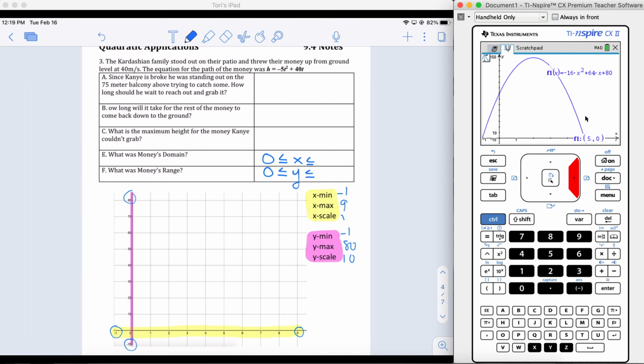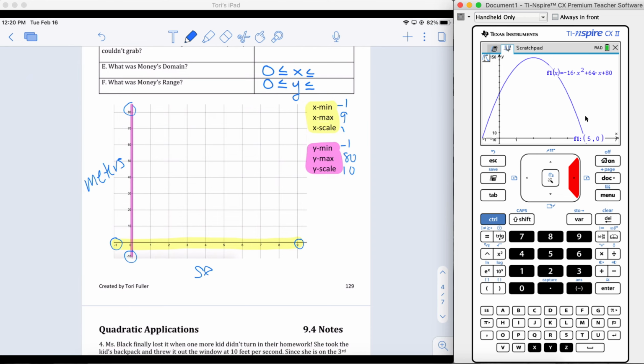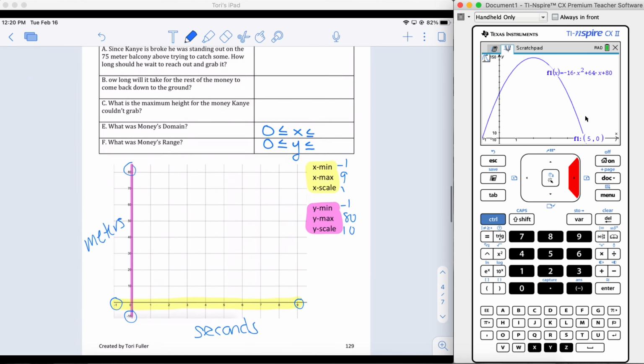It says the Kardashian family stood on top of their patio and threw their money up from the ground level at 40 m/s. Hopefully you know that m is meters and s is seconds, because that should be meters per second. That's how we would read that.